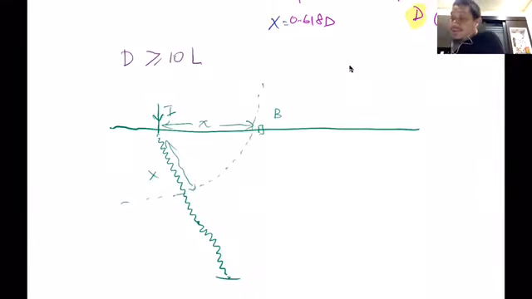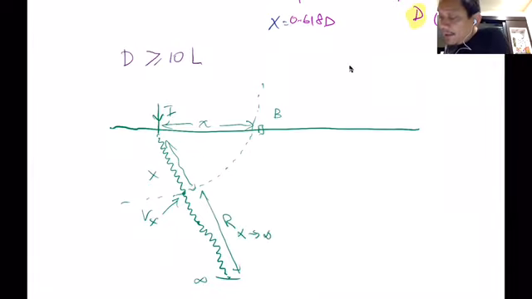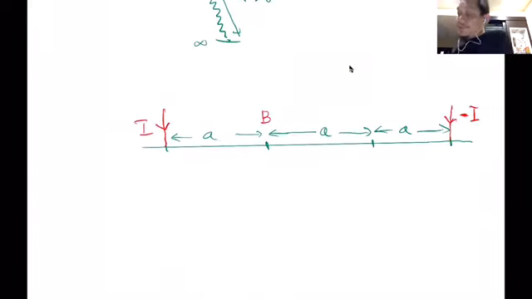So this Vx is equal to VB. So you need to integrate from X to infinity. So this is resistance from X to infinity, multiplied by I, will give you VB. And this is rho, the soil resistivity.